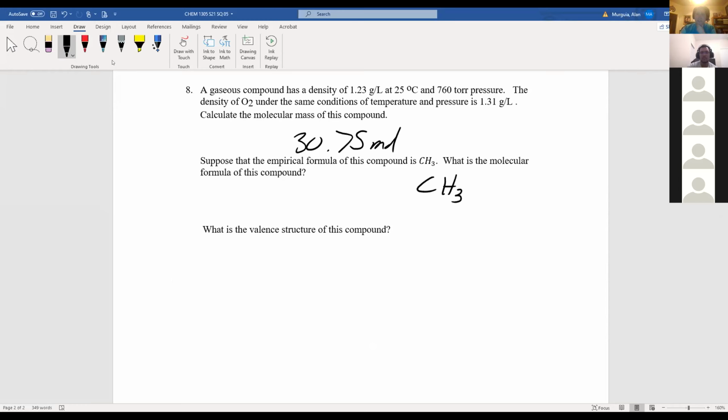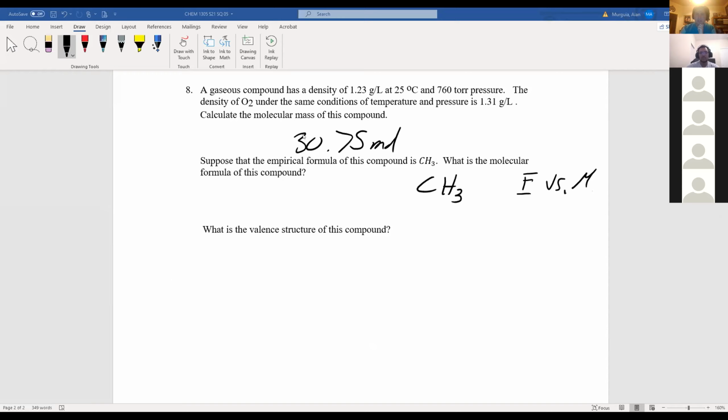Because remember, since the empirical is your simplified version, your molecular formula is a whole number multiple of your empirical formula, so you multiply that number into the subscripts. So what's the smallest number I can multiply into my subscripts in order to get a molecular formula? 2. Yes, times 2.